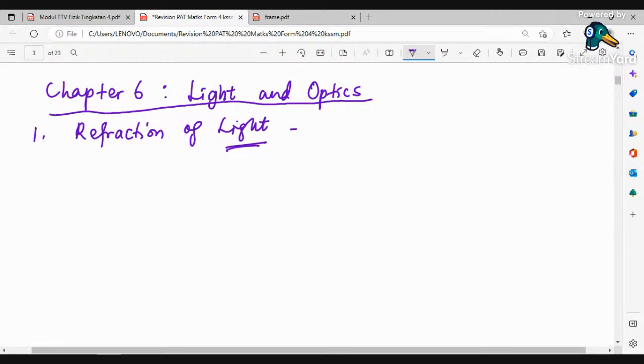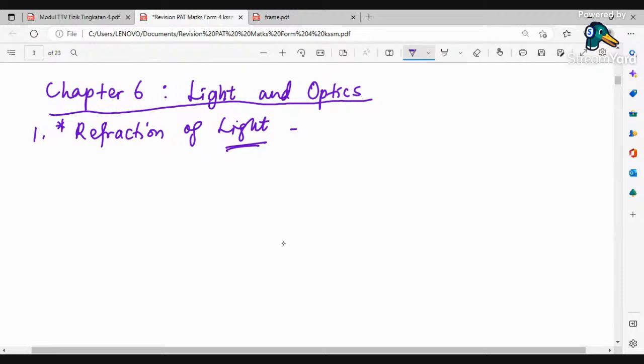In this case the medium refers to a transparent medium, something like water, perspex, glass. I hope you remember the definition for refraction of light.